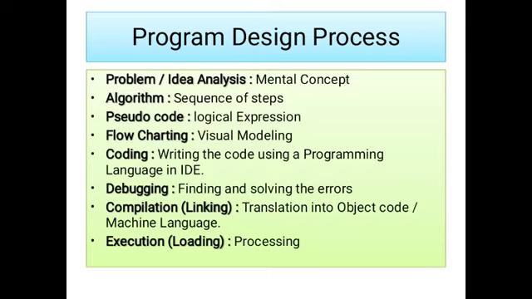So we come to the process of debugging, which is finding and solving the errors. After that comes compilation or linking. This is translation into object code or machine language code. Then comes execution or loading, which is processing of that code. And then we come to our result for the problem that we are given.